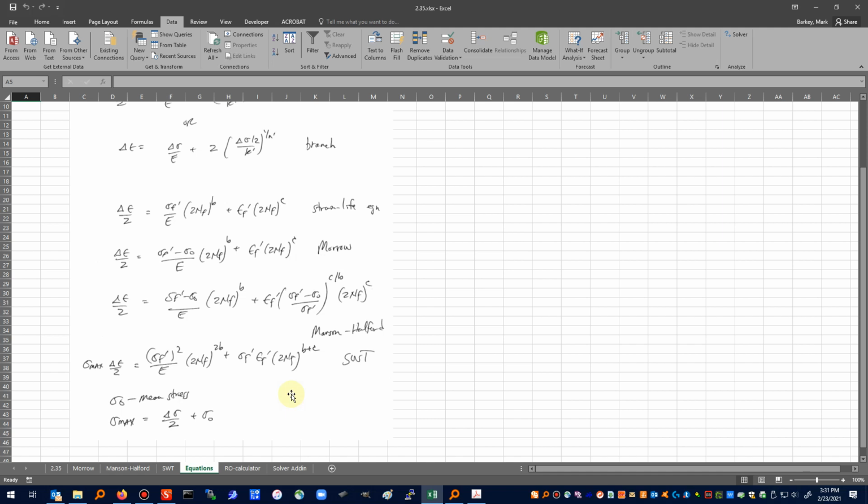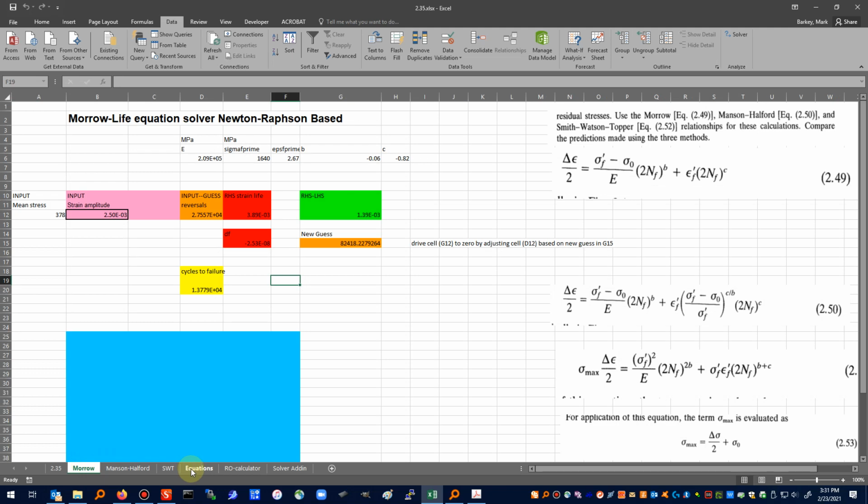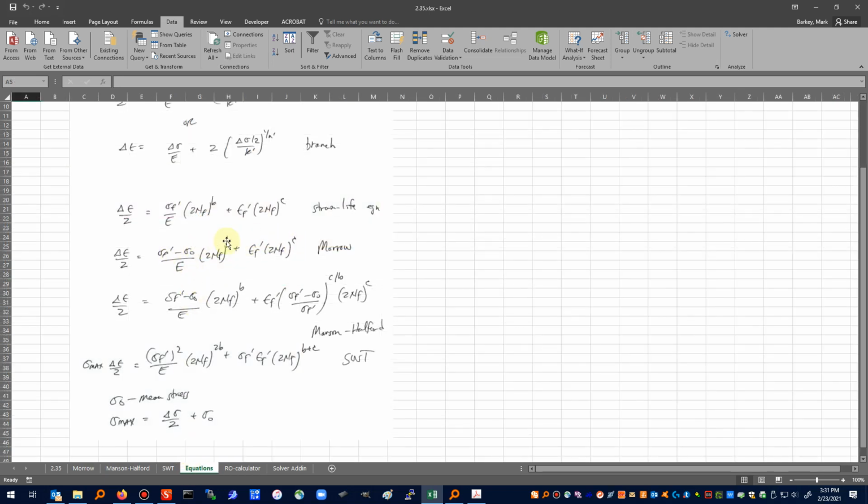I just happen to have my Newton-Raphson iteration set up for these things, so we're going to go with that for the Morrow, Manson-Halford, and Smith-Watson-Topper mean stress corrections. Each of these has its own tab. So we're going to look at the Morrow first. And let's go back to our equations. I call this the right-hand side, and this is the strain amplitude.